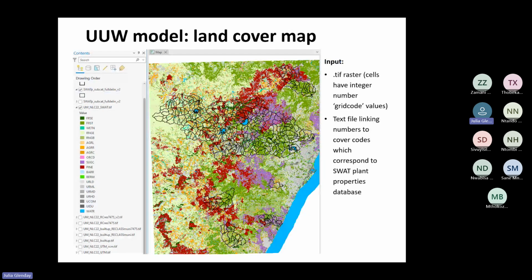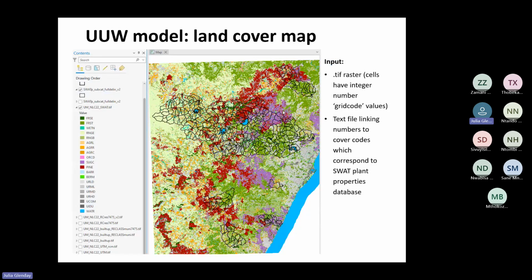A map of those 20 cover types is shown here. This is what I prepared to do the SWAT model input. SWAT requires the land cover to be input as a raster file where all the grid cells have a number, numbered 1 through 20, and then there's a text file linking those numbers to the cover codes, these 4-letter codes that correspond to the SWAT plant properties database.